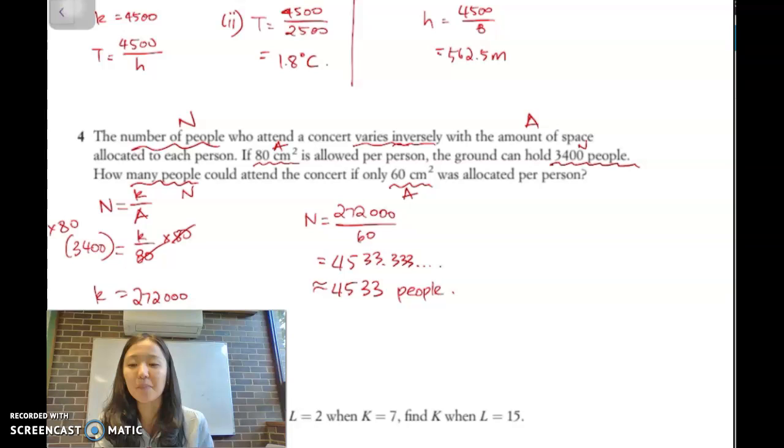So guys, you need to always go back to your context and answer your question in that context. In our example here, our answer had to be the number of people. We cannot have a part of a person, and so we've got to make this answer the most reasonable answer by rounding it down to the nearest whole number.